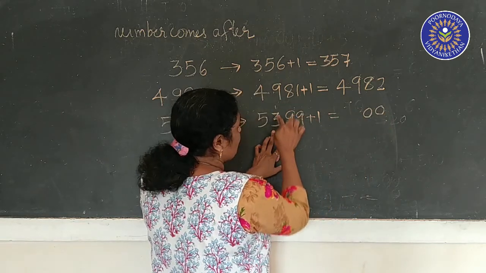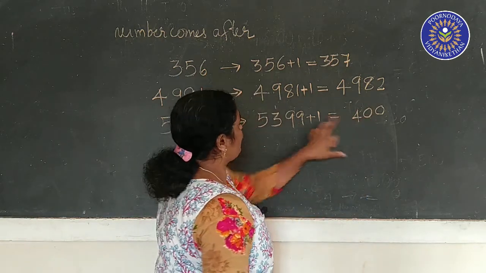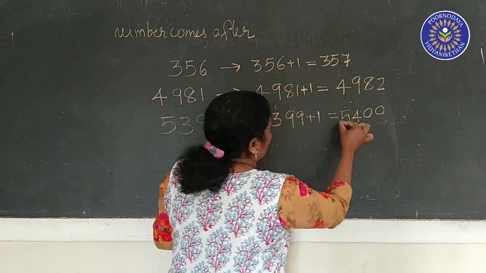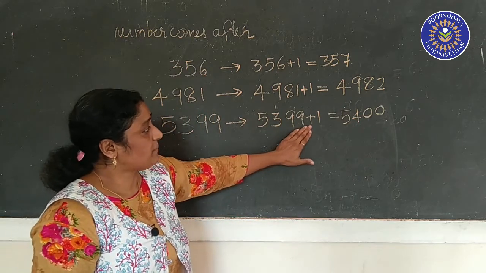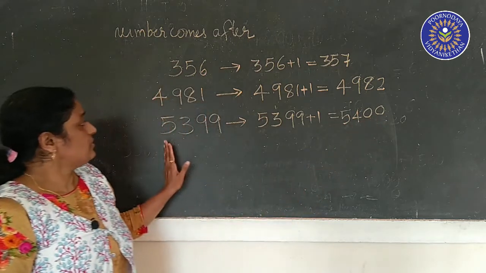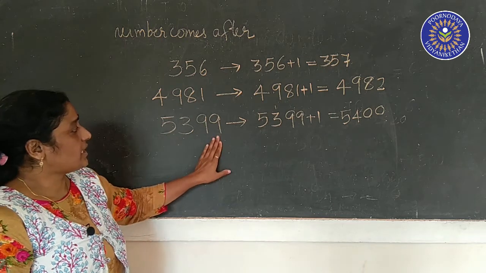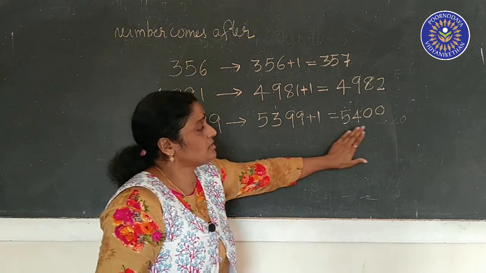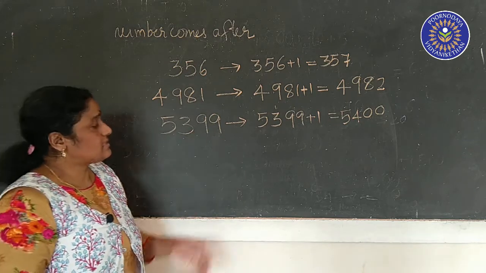Again 1 carry, 1 plus 3, 4. Then next 5. 5399 plus 1 is 5400. So the number that comes after 5399 is 5400. Clear this?